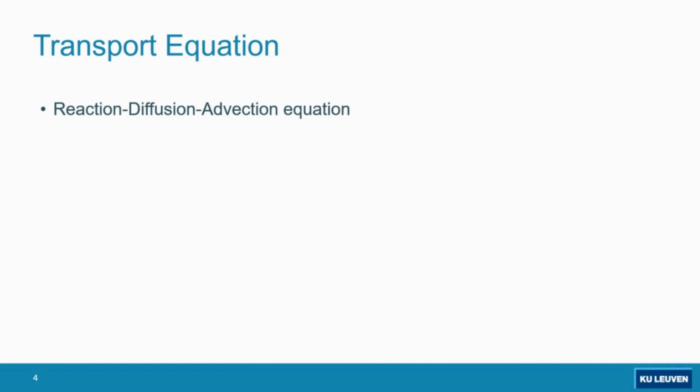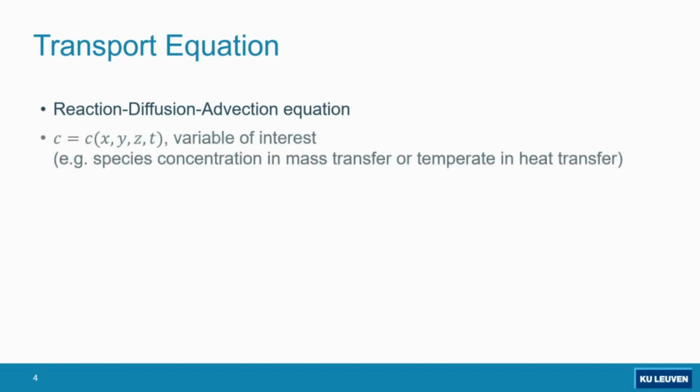You have seen this in the slides, how it looks like, but I have it here again. So if we have a function, a variable of interest, let's say here it is c, that is a function of space coordinates x, y, z, and time. So in one-dimensional cases, it will be only a function of x and t. In 2 dimensions, it will be x, y, and t.